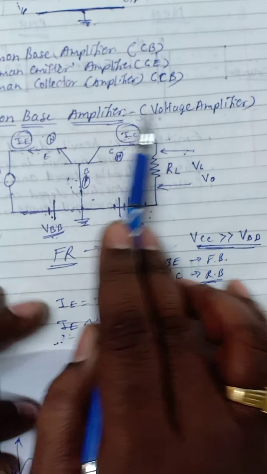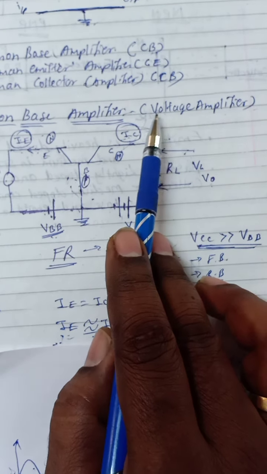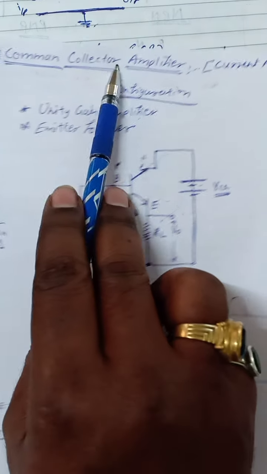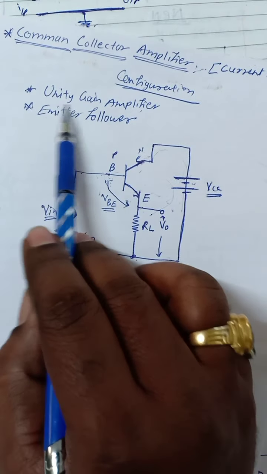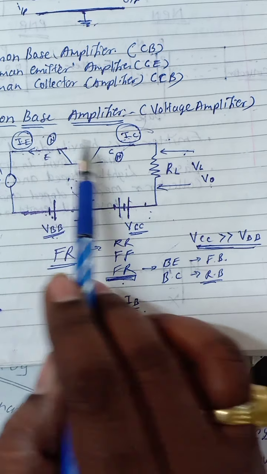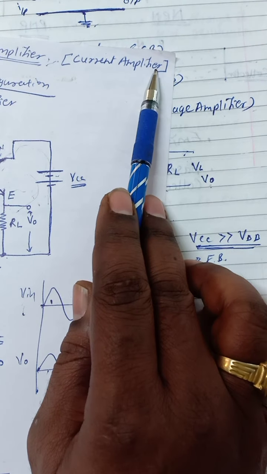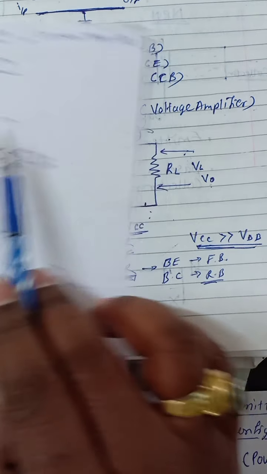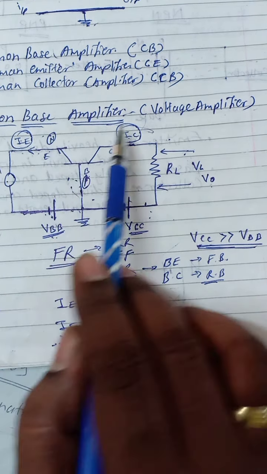So in this common base amplifier we don't get current amplification, we get only voltage amplification. In common collector amplifier we get only current amplification. The gain is unity, input and output voltages are the same, and here input and output currents are the same. So this is a voltage amplifier, this is a current amplifier; there is no voltage amplification here, and there is no current amplification there because the input and output currents are the same.